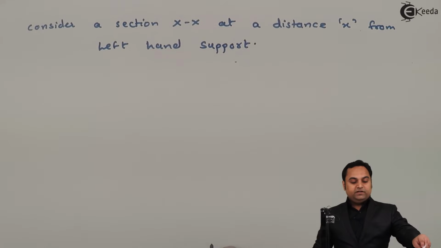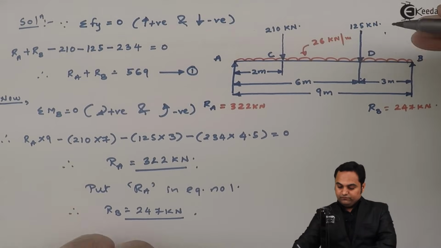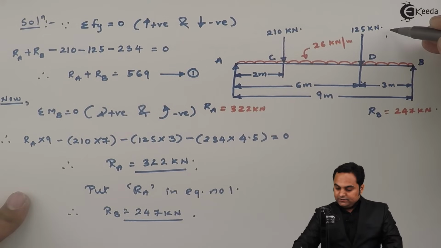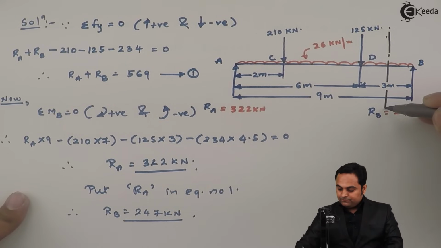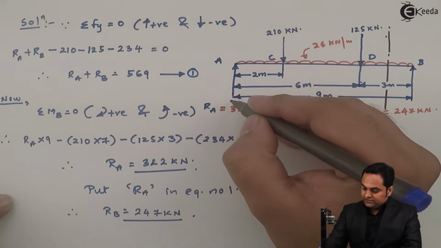So here I will be considering a section on this beam which will be from left hand support, and it should be far away from A and close to B. So here I am considering a section, and this is the section X.